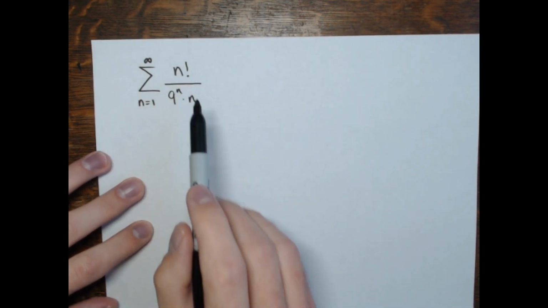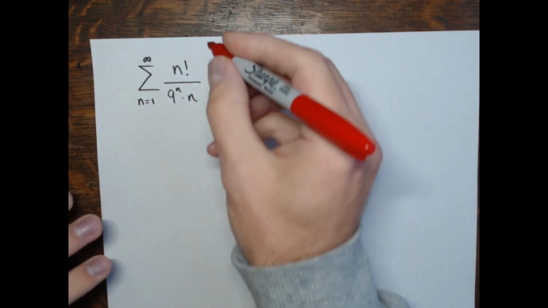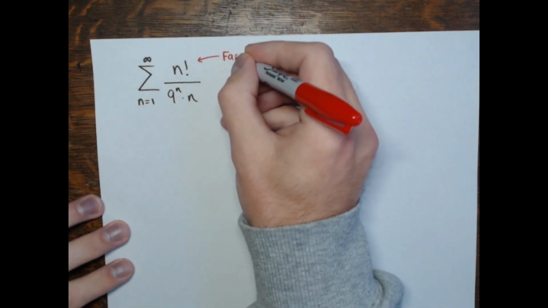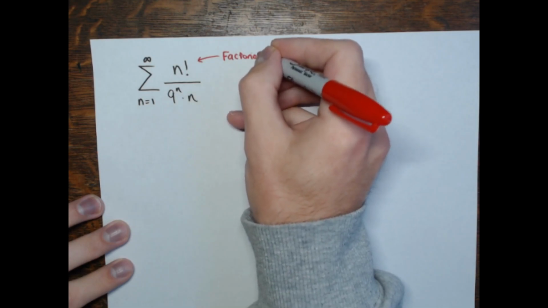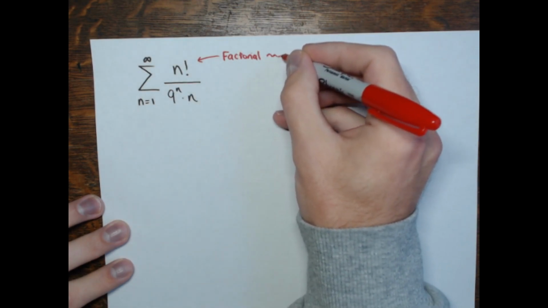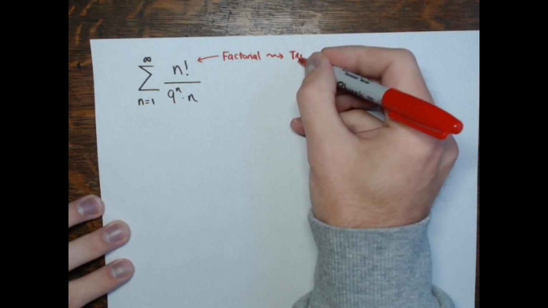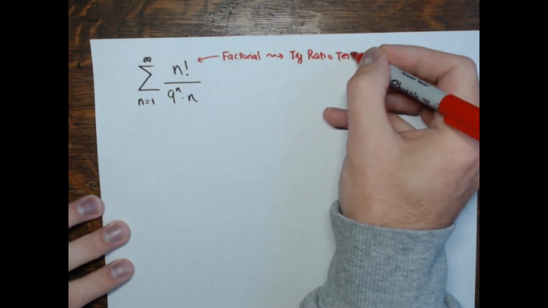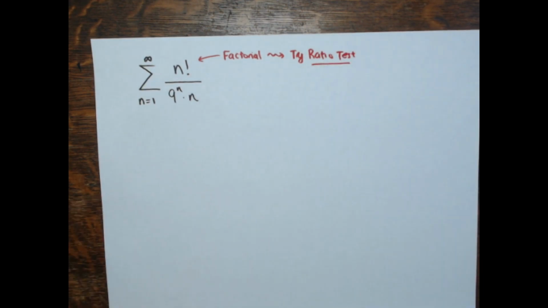So the factorial is what's catching my eye. I'm seeing factorial, so I'm going to try the ratio test. Again, if the whole thing were raised to the nth power, I would do the root test.